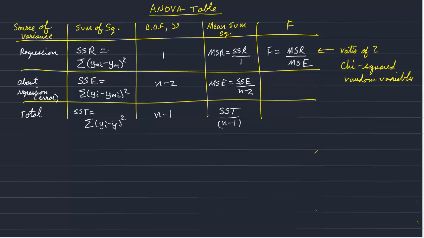So to test whether the slope is significant, we could formulate a null hypothesis that the slope is equal to 0.